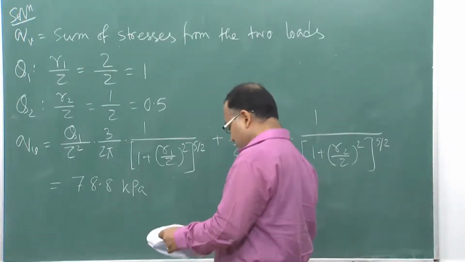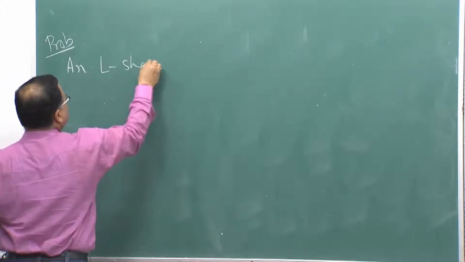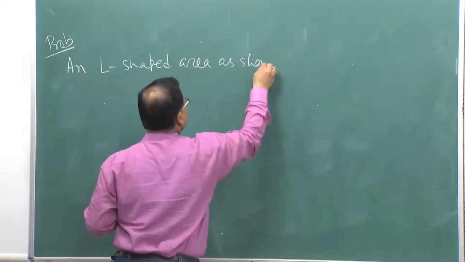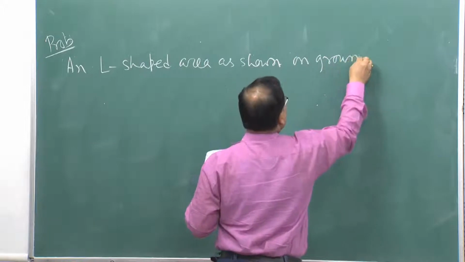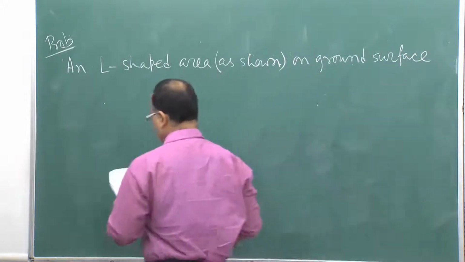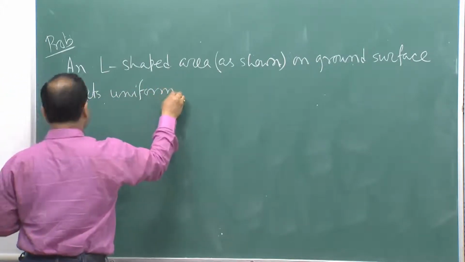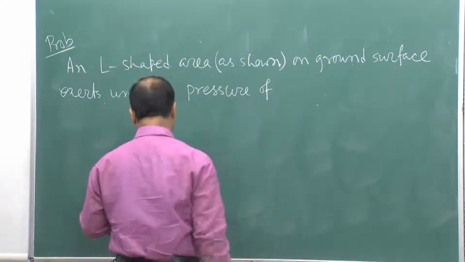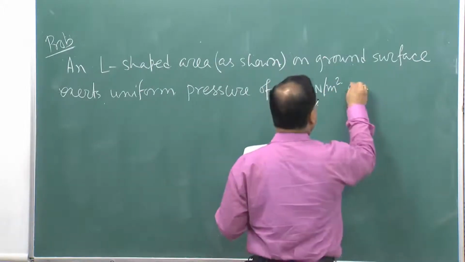Now, we will go to the next problem. Next problem says an L shaped area, as shown on ground surface, exerts uniform pressure of 100 kilonewton per meter square on the soil.